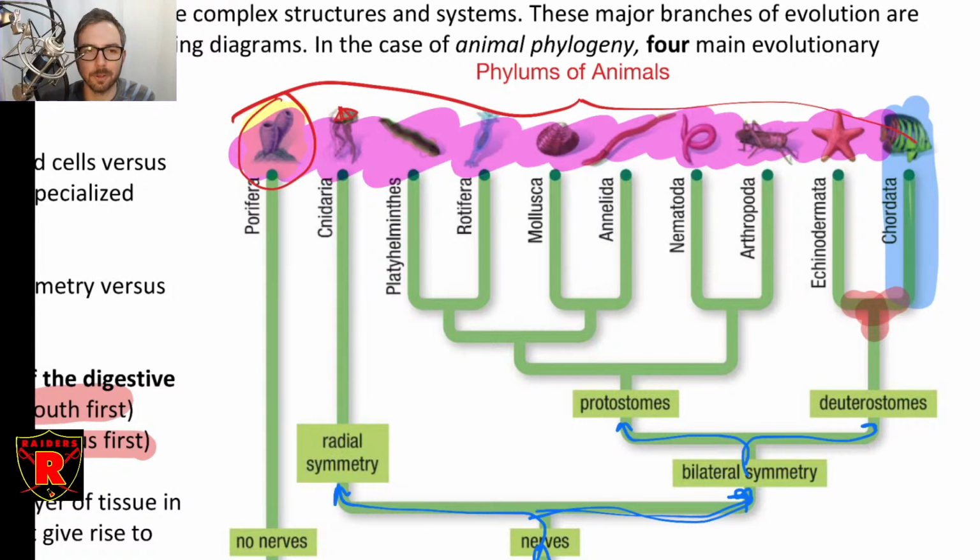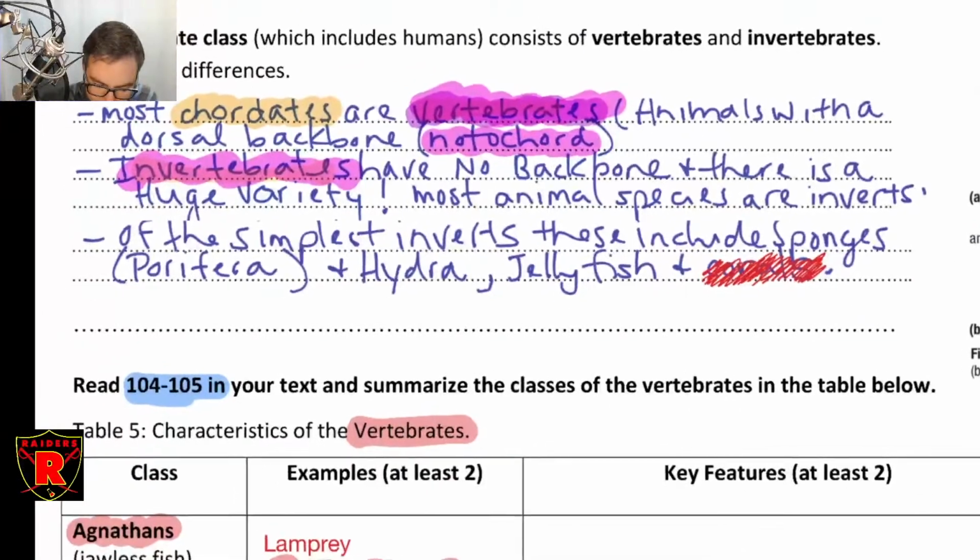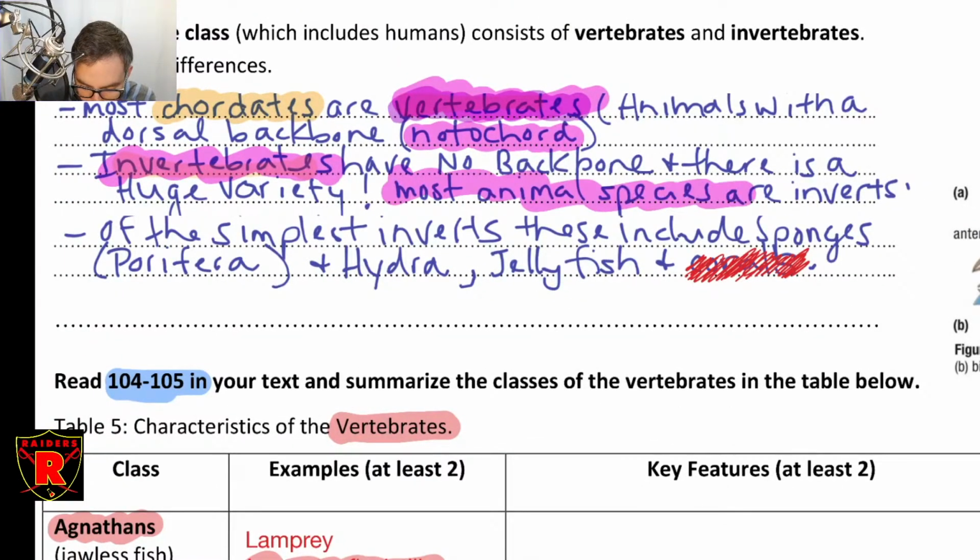When we're talking about invertebrates, it's a very broad group. It includes everything in the animal kingdom except for a select group of chordates. That's what we mean by invertebrate. Most animals are invertebrates, obviously. Invertebrate is by far the most common.